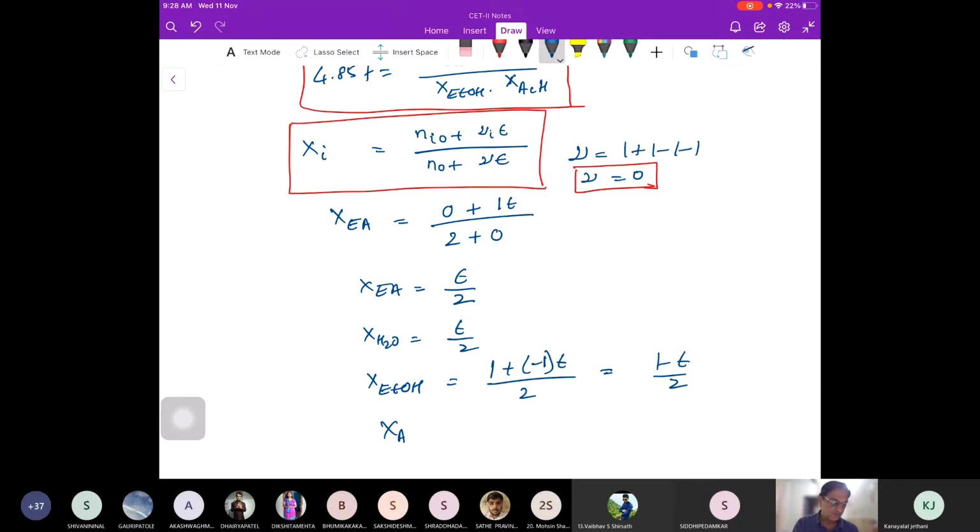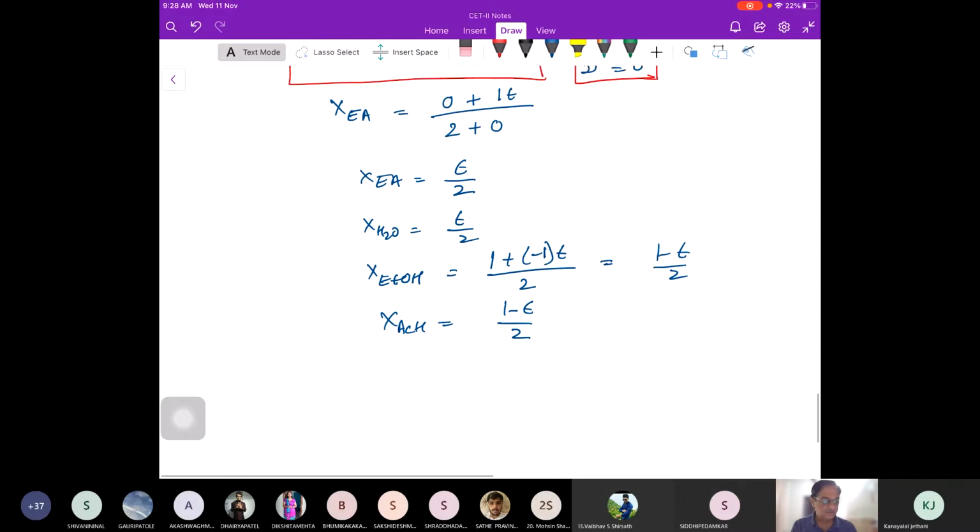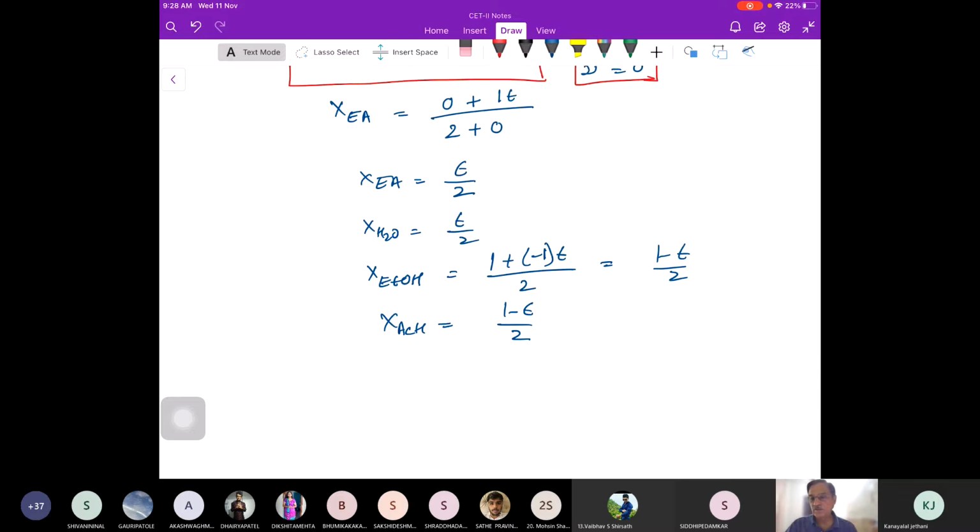And X of acetic acid will again be the same, 1 minus epsilon upon 2. Does anyone have a doubt about this? Any questions? Devendra, are you following? Yes, sir.